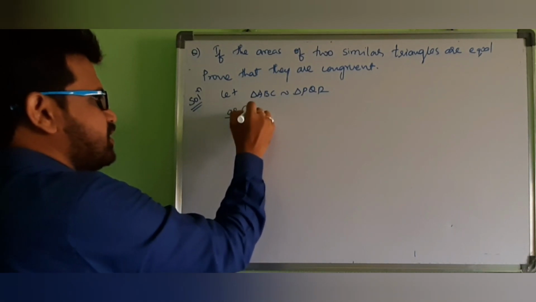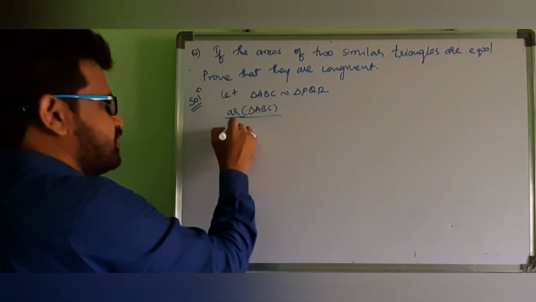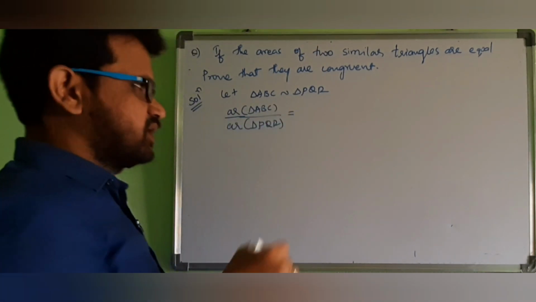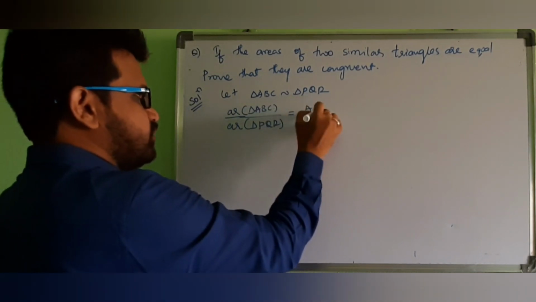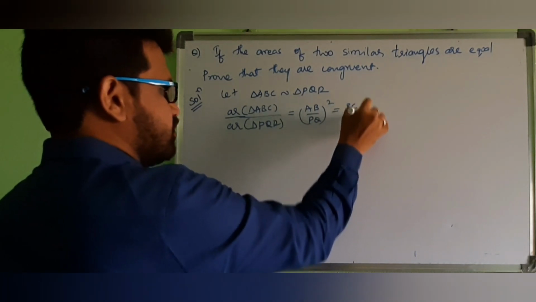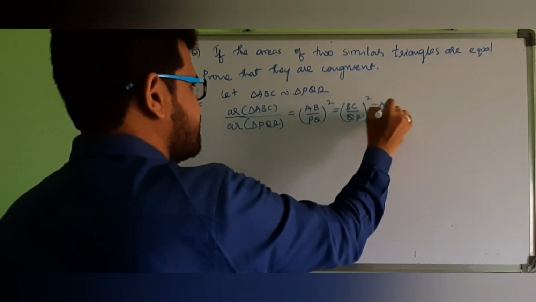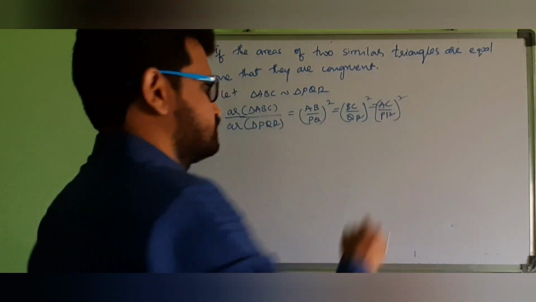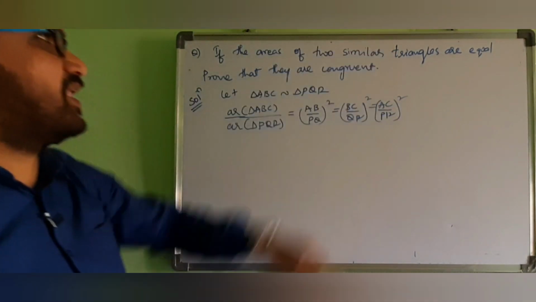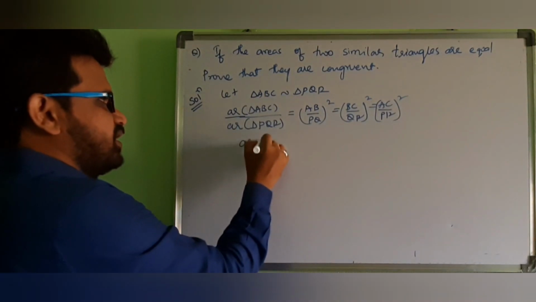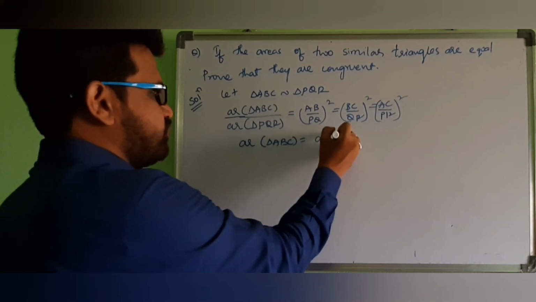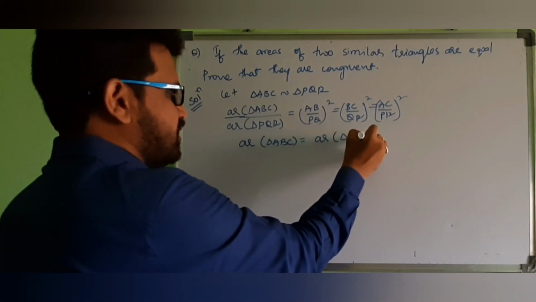Area of triangle ABC divided by area of triangle PQR is equal to AB by PQ whole square is equal to BC by QR whole square is equal to AC by PR whole square. And what is given in this? Given that the areas of two similar triangles are equal, meaning area of triangle ABC is equal to area of triangle PQR.